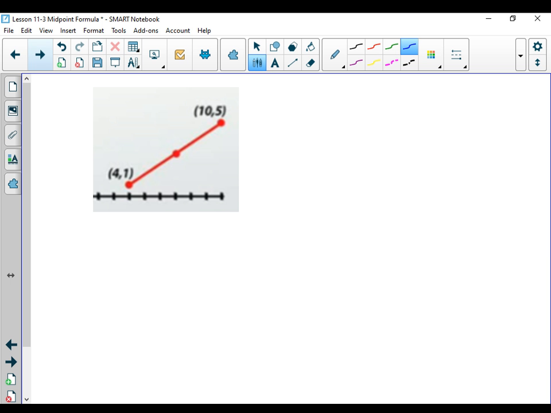Okay, here we are at Weston's house, trying to get to Zach's house. What's the midpoint? I don't know. Let's find out. I'm going slow on purpose, hoping that you're getting ahead of me.